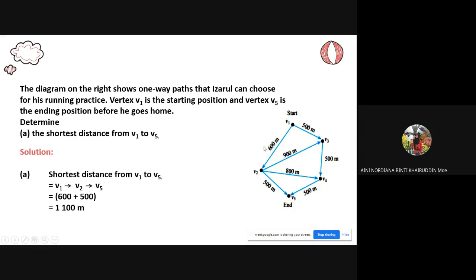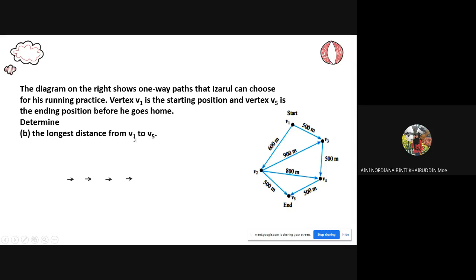How do you know? You have to calculate or sum the distances here. 600 plus 500 is 1,100 meters. If you use this way, V1 to V3 to V4 to V5, 500 plus 500 plus 500 is 1,500 meters, which is not the shortest distance. So this is the answer for A.